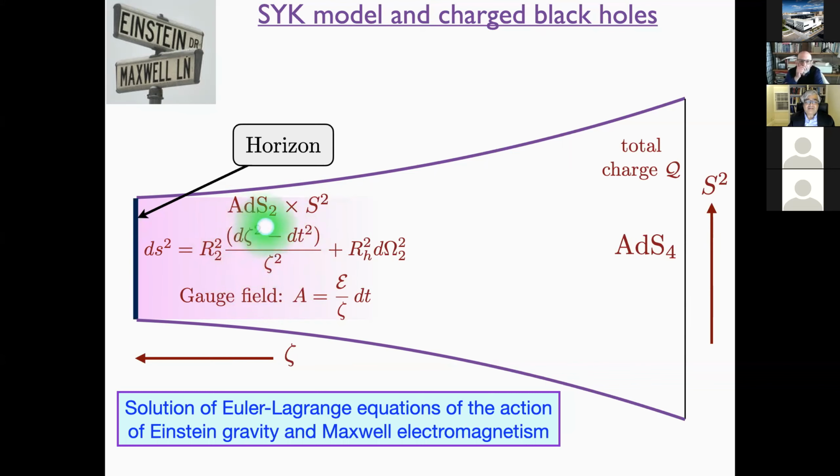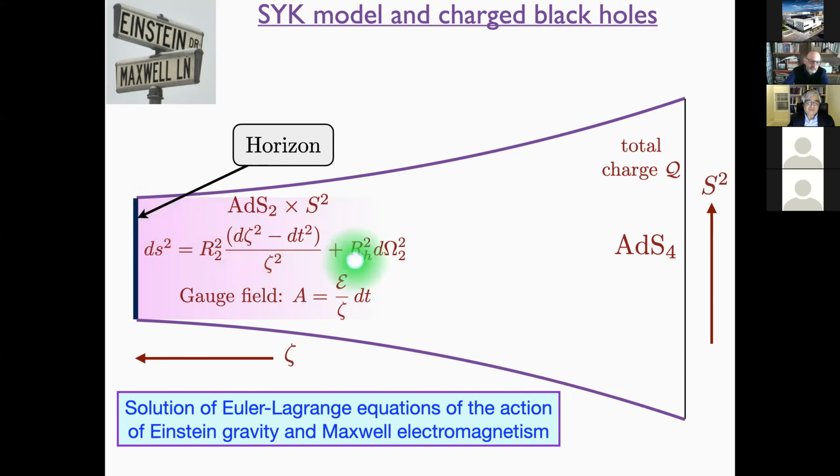The important point is that zeta and time don't ever appear on this side, where this is just the metric of the surface of a two-dimensional sphere. And there's some electric field coming out from the black hole, from the horizon here. Zeta goes to infinity at the horizon in these coordinates at zero temperature.